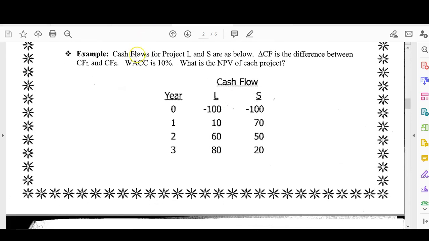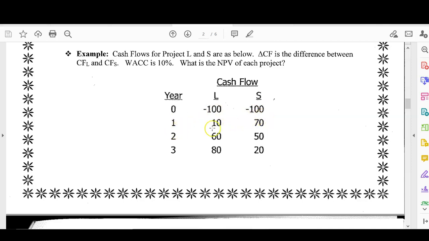Example: if we have cash flows for project L and S shown as below, delta cash flow is the difference between cash flow L and cash flow S. WACC is 10%. What is the NPV of each project? So here we have information on cash flows from year 0 to year 3 for project L, project Long, and project S. At year 0, both projects would have the initial cost of -100.